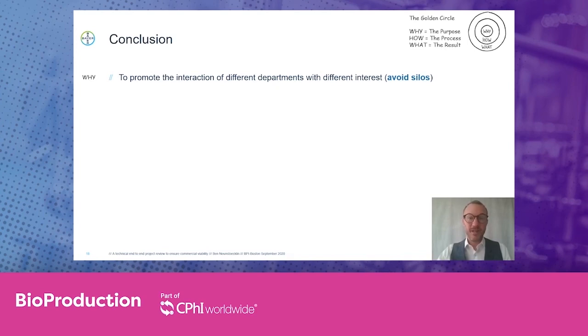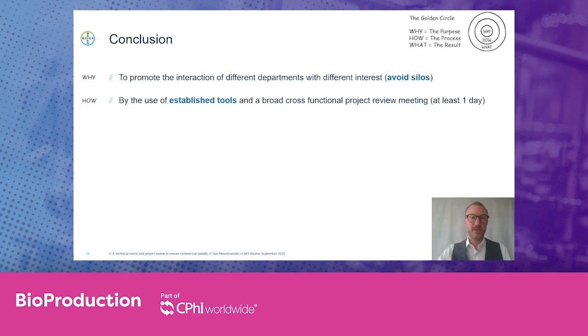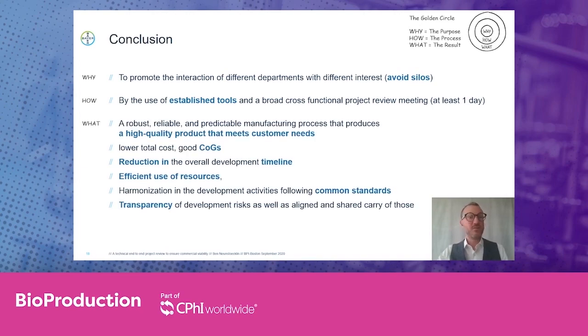The applied process to do so is the use of well-established tools and a broad cross-functional review meeting, which gives enough time to discuss the whole production change. As a result, we obtain a high-quality product that meets our customer needs at a transparent and reasonable price.